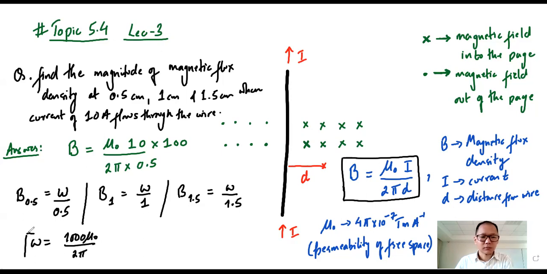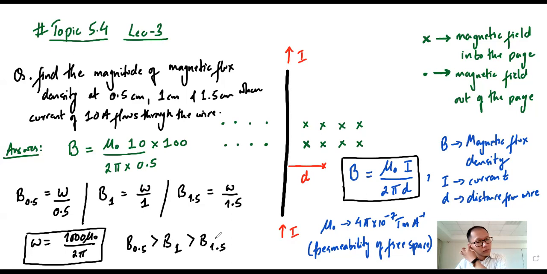I've just written it in a short form so that it's easier to understand. So from the calculations, we know that B at 0.5 is greater than B at 1 is greater than B at 1.5. So from here we have just shown that the magnetic flux density decreases as you go away from the wire.